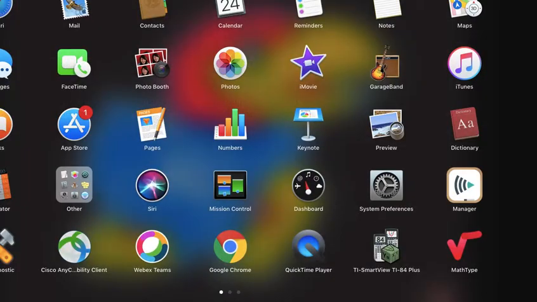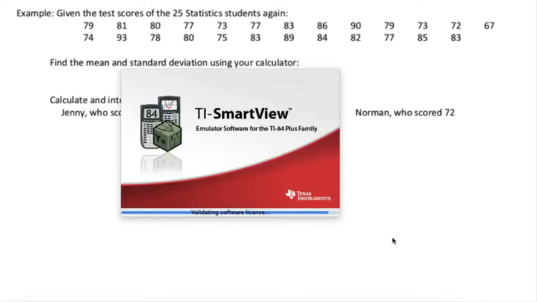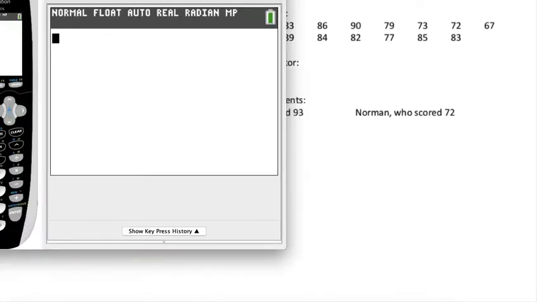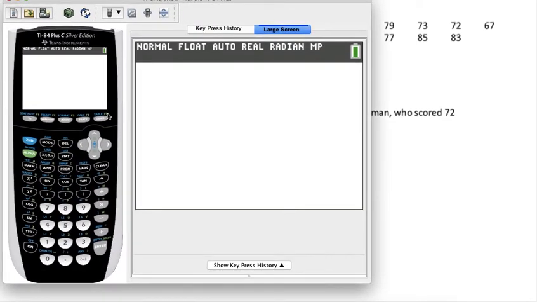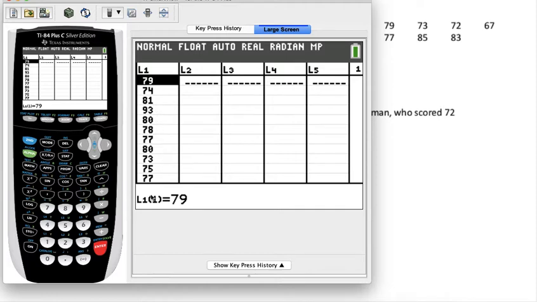All right, so I'm going to pull my calculator up here, and I've entered my data into list 1. I'm going to use one variable stats to find the mean and standard deviation. So I'm going to go to edit, and I've entered in my scores here.